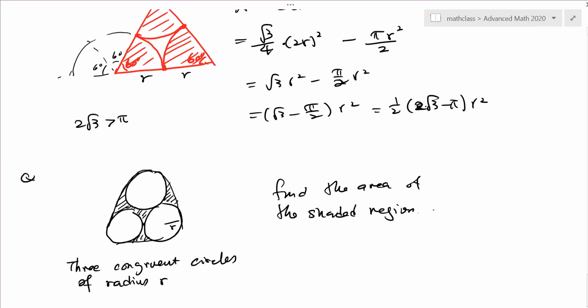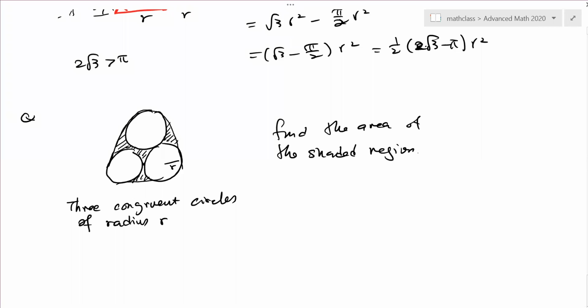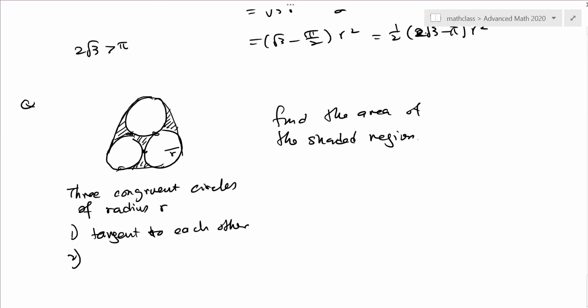I think all you need to do is find one piece of that, because the one in the middle we already found, right? And the other 3 are identical. The belt, 3 congruent circles. One, each is tangent to the others. Second, the belt is tightly around them.